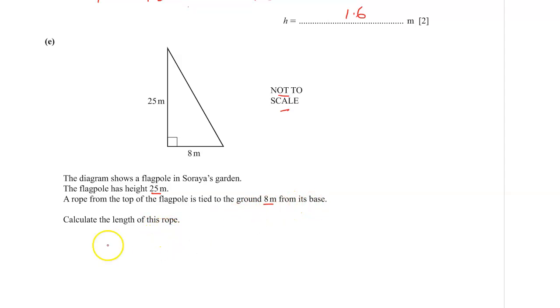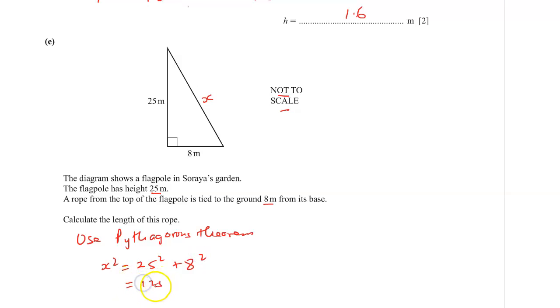You use Pythagoras' theorem. This is a right-angled triangle. So if this is x, it means that x squared is equal to 25 squared plus 8 squared. 25 squared is 625, plus 8 squared is 64.